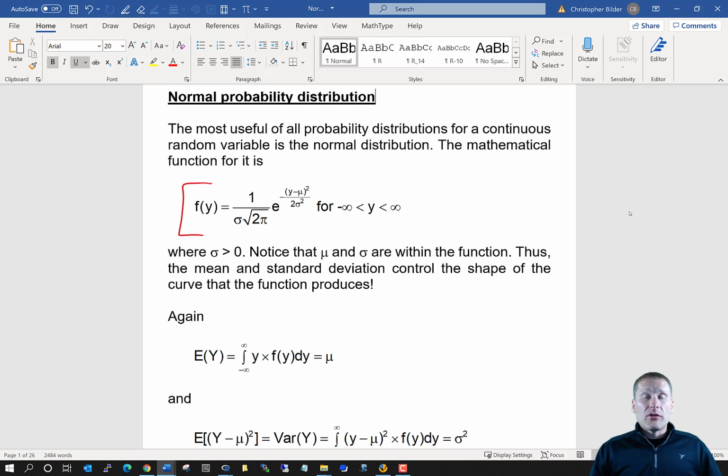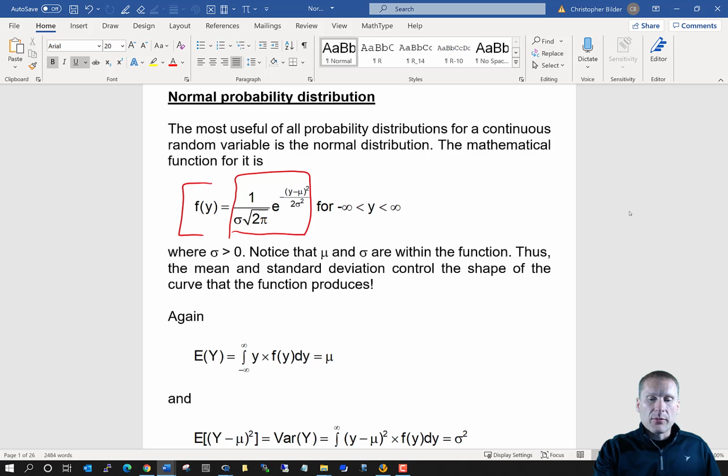And what that's going to do is control the shape of our curve of our distribution, as you will soon see. Now, in this function here, we have 1 over sigma times the square root of 2 pi, where that pi is representing 3.14.